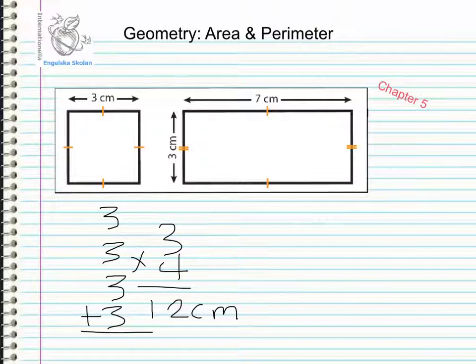The perimeter for our rectangle is going to be the top 7 plus the side 3 plus the bottom 7 plus the other side 3. We could also say it is the length plus the width plus the length plus the width.